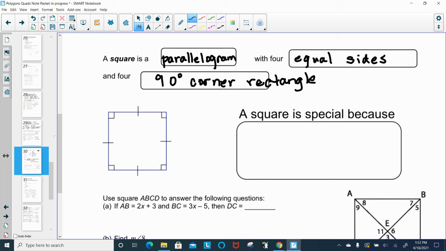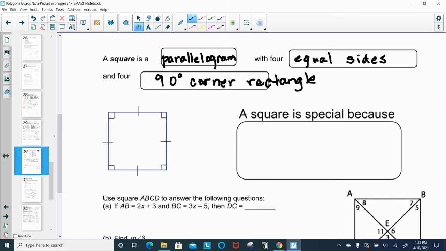It has all the opposite sides, all the opposite angles, all the consecutive angles, all the diagonals being the same length, all the diagonals being cut in half, all the corner angles getting bisected by the diagonals. It does everything.